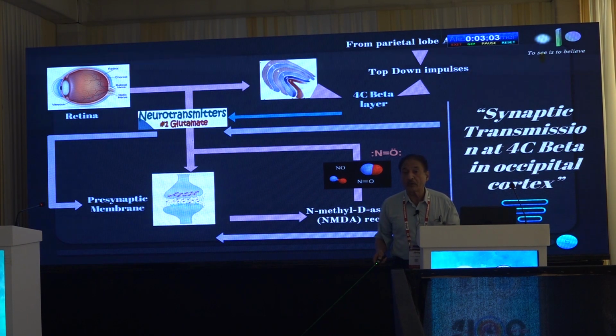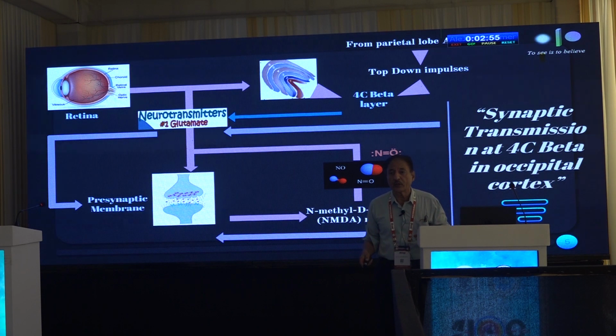Neurotransmitter. Glutamate is the neurotransmitter in the 4C beta. Okay, 4C alpha, 4C beta, everywhere the neurotransmitter is glutamate. Glutamate is excitatory in nature, and it is very dangerous to the central nervous system. So glutamate has to be rapidly decarboxylated to make glutamine, which is taken up by the post-synaptic cells.